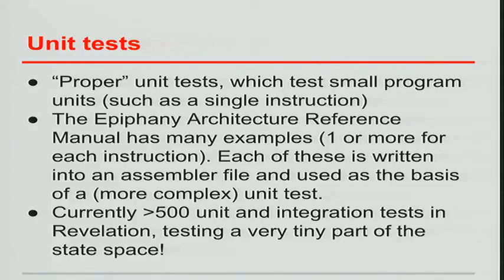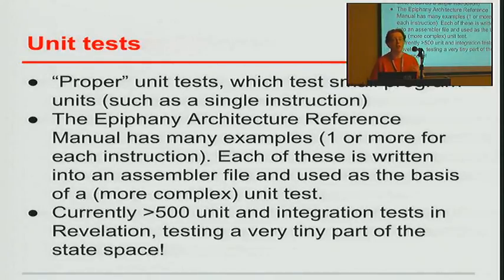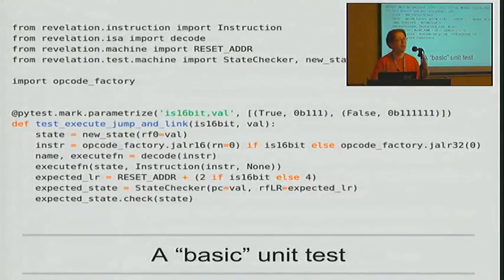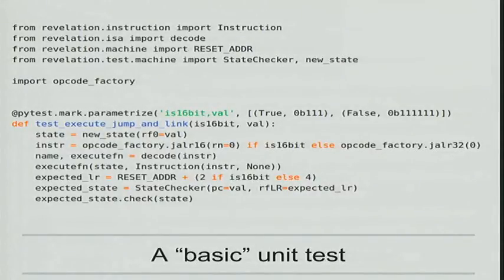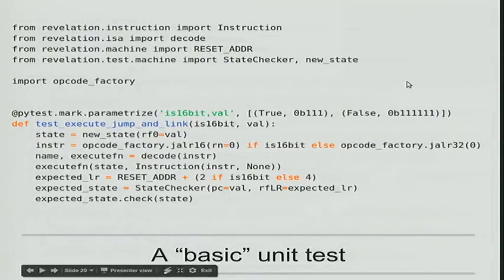So I take all those examples and turn them into assembler files and use those for the basis of a unit test, which is a slightly bigger unit test really, but it tests one instruction. So there are somewhere over 500 unit and integration tests, but when you think about the size of the RAM that the thing has, the whole chip has like 4 gigabytes of RAM, 500 tests is not going to really test even a tiny corner of the state space of the whole thing. So we have some ways around that, which I'll describe.